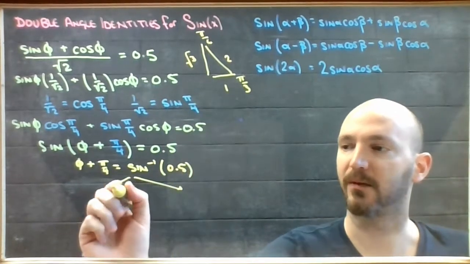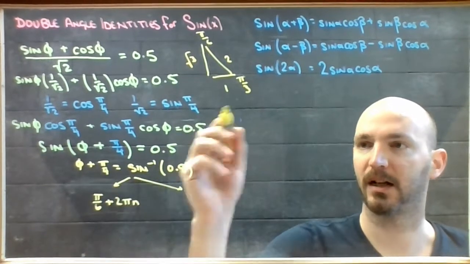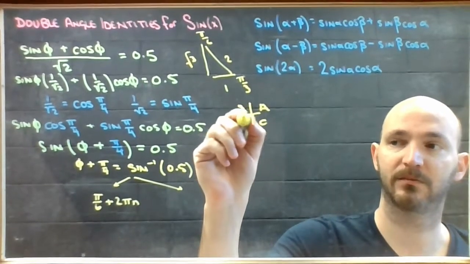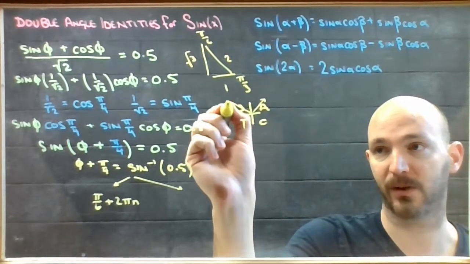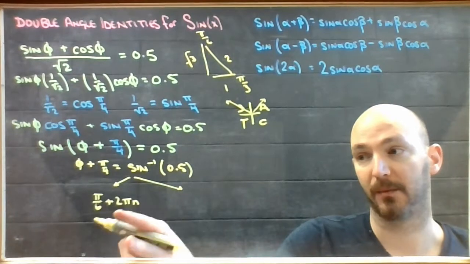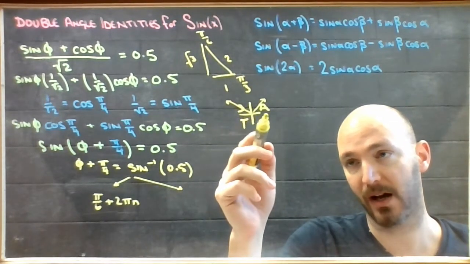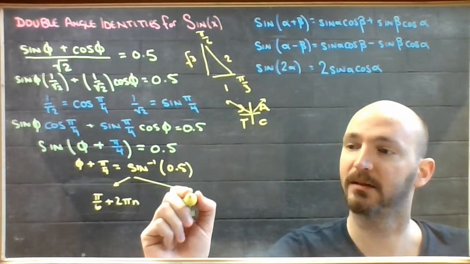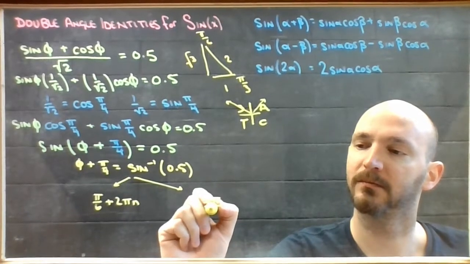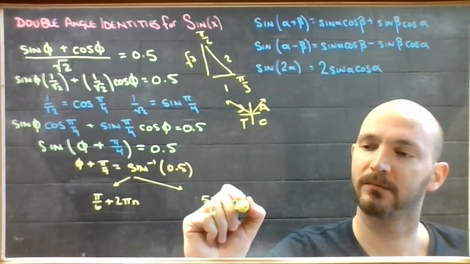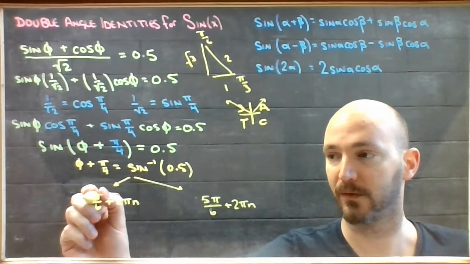So one of them is pi over 6 plus 2 pi n. And using the CAST rule, this is a sine ratio that's positive, so one of them is in this quadrant, one's in that quadrant. Pi over 6 is this one, and this would be not quite a full pi, so that's 5/6 of pi. And each of those things are equal to phi plus pi over 4.